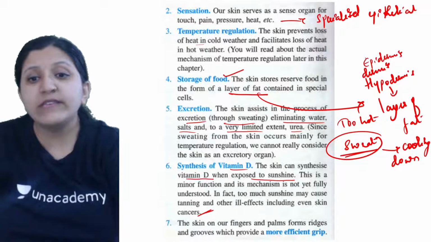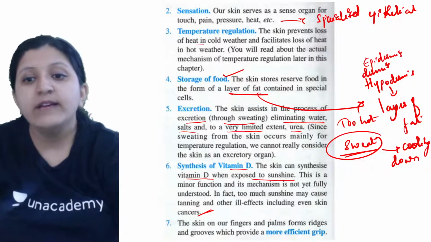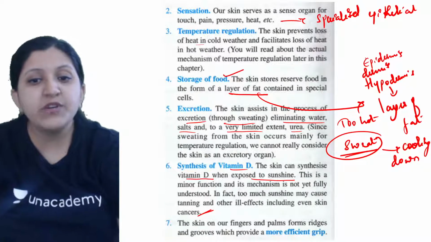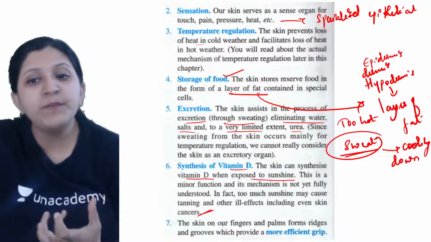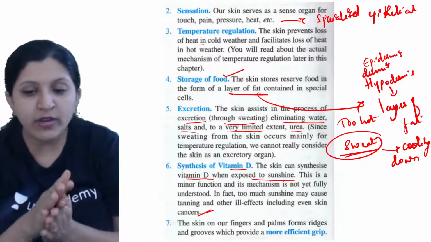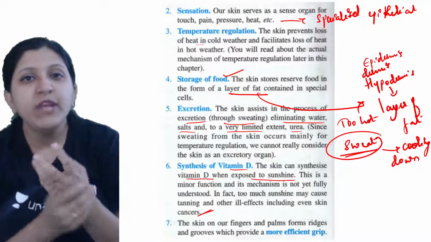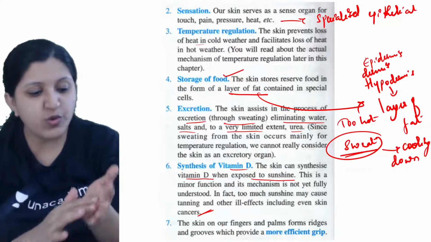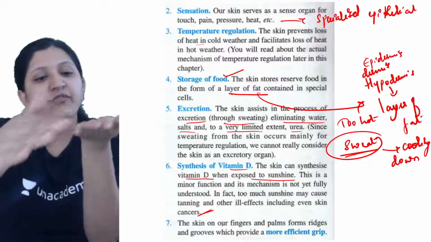Okay, the skin on our fingers and palms forms ridges and grooves which provide a more efficient grip. You might have seen it on the palm as well. There are grooves and ridges, so it is not a flat area.